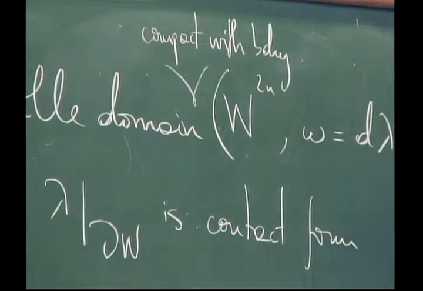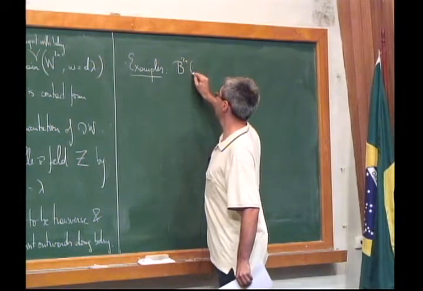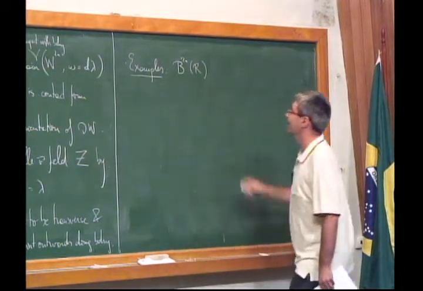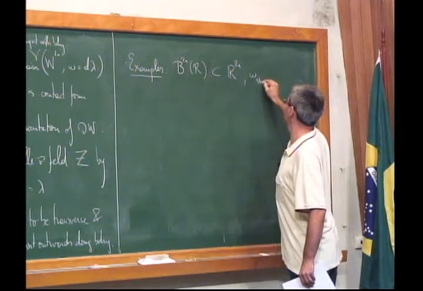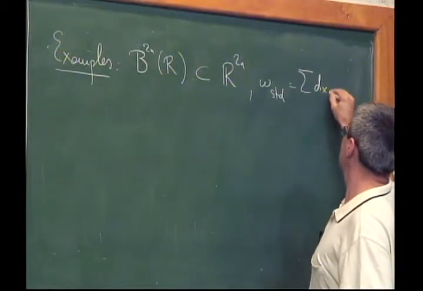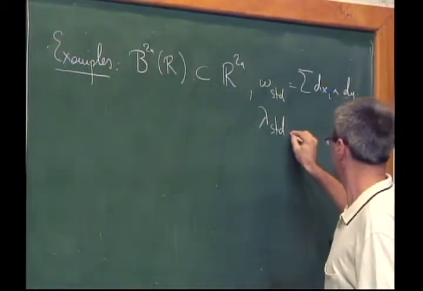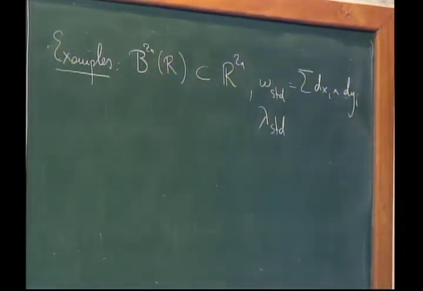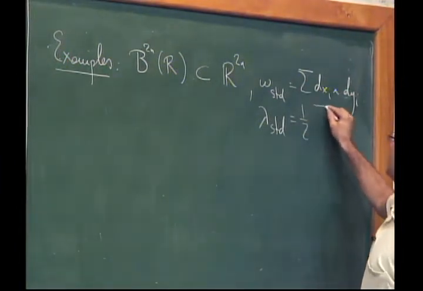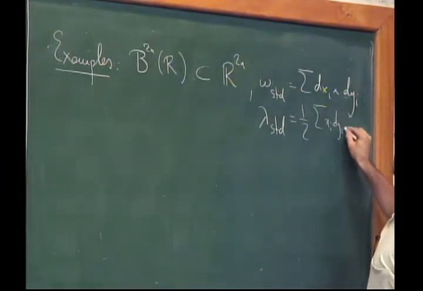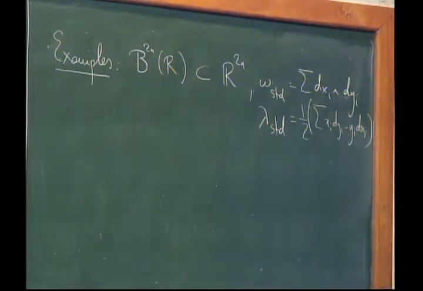So examples. Here's the ball B^{2n} of some radius in R^{2n}. Here the standard symplectic form is the sum of dx_i dy_i, and the standard primitive is what I wrote before, the sum of x_i dy_i minus y_i dx_i.